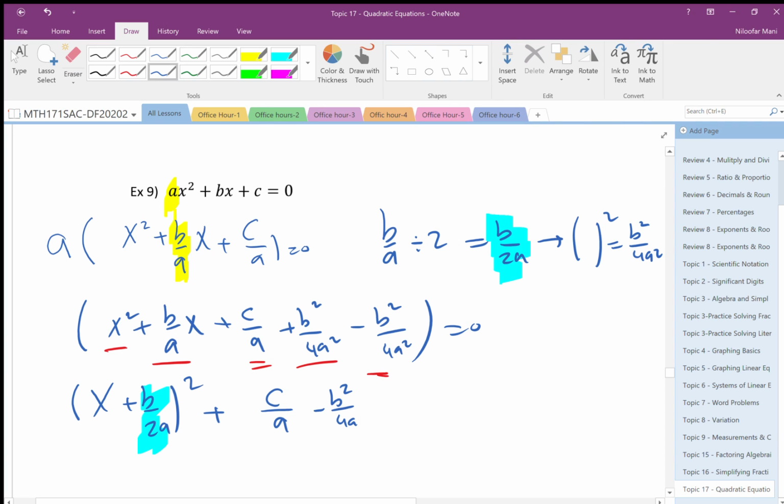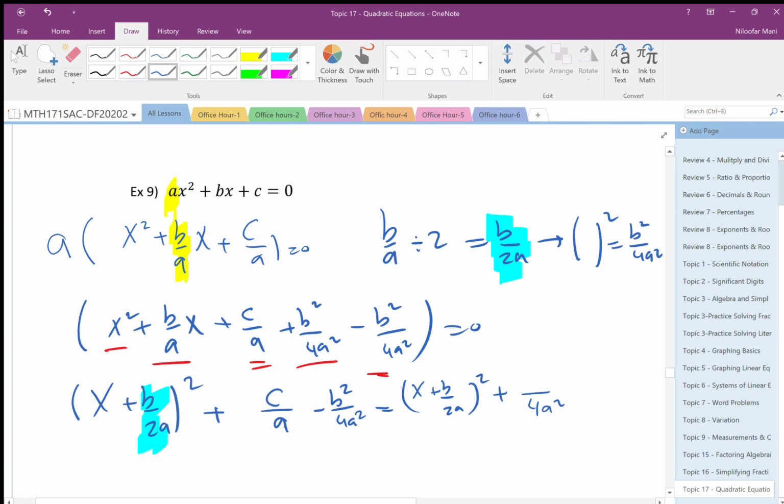Then I can find the common denominator for those two. So I can say it's x plus b over 2a squared plus, so let me see here, c over a minus b squared over 4a squared.